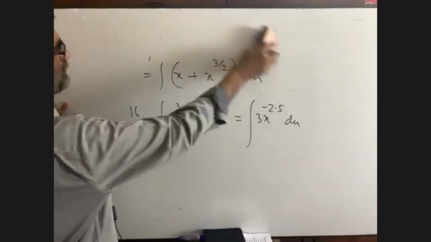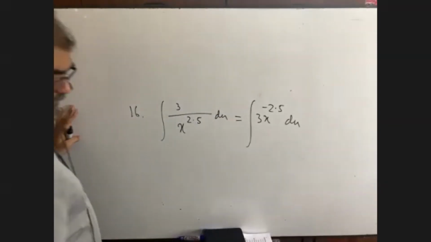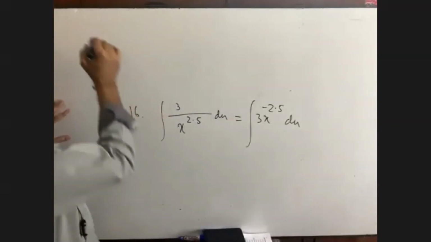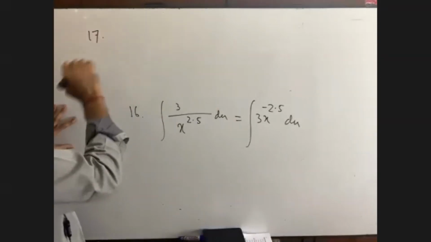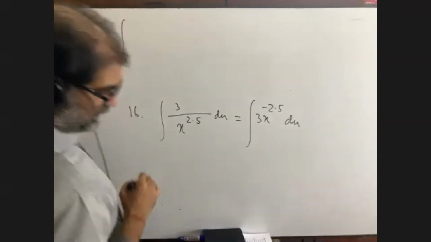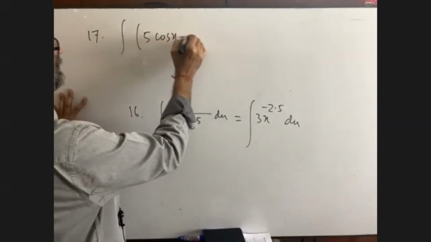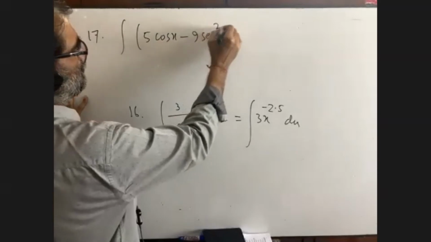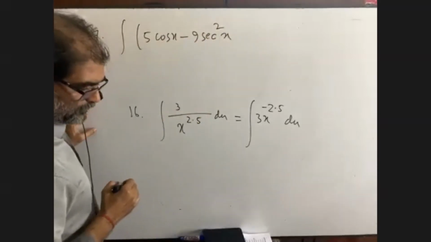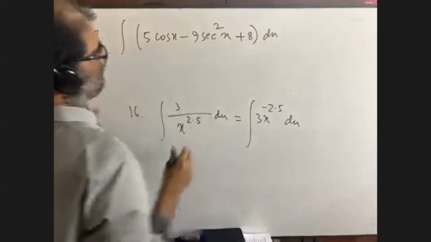It is so easy for you. Going to question number 17, we are getting 5 cos x minus 9 sec square x plus 8 dx. Okay, do it.